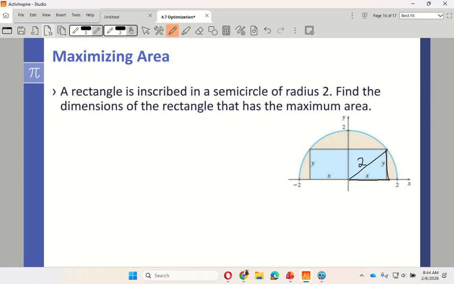I did that intentionally, so I'm trying to maximize x and y, right? I'm trying to get the maximum area, so I need to write an area formula. My area formula here is area is equal to, what's the base going to be? 2x times y.